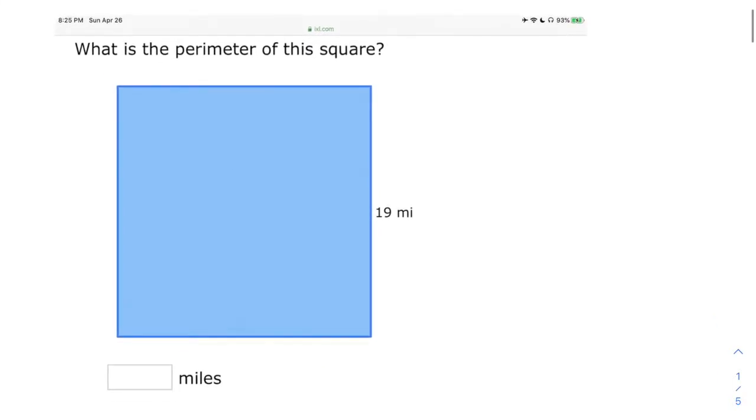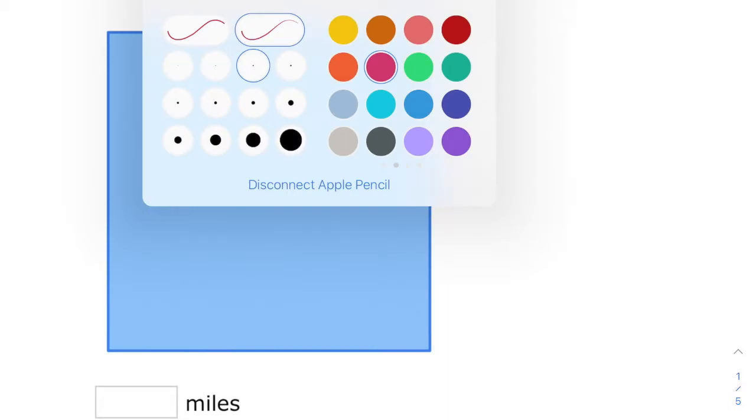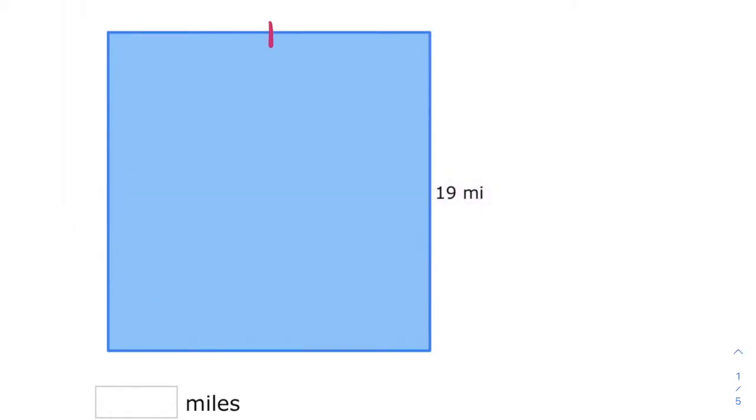Okay, so the first one, find the perimeter of the square. Well, we know that a square has 4 congruent sides, so we're going to label this as 19 miles, and 19 miles, and 19 miles.